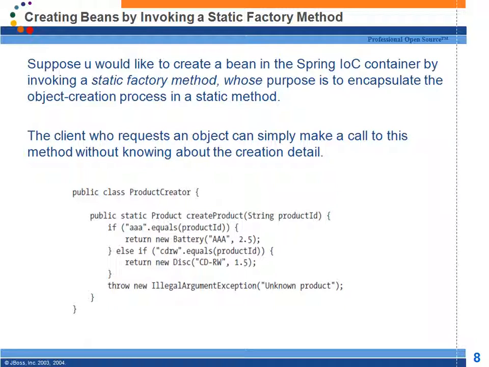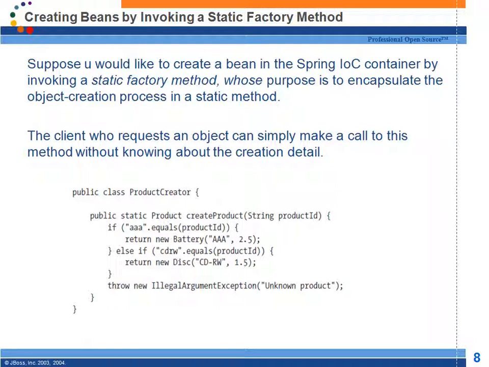Generally beans were earlier created by calling either a parameterized constructor or default constructor, and initialized by using setter injections or constructor injections. But now here this is the class. Now I want a Product, and I want a bean to be created by calling the static method of this class.